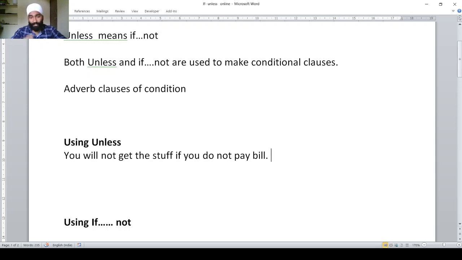This is one sentence in which two conditions are there. You will not get the stuff is the first condition. If you do not pay the bill is another condition. If this one condition, if you do not pay the bill, is wrong, the other will also become wrong. Or you can say, if this condition is not fulfilled, the getting stuff condition will also not be fulfilled. So to show such two conditions we have used if not here.